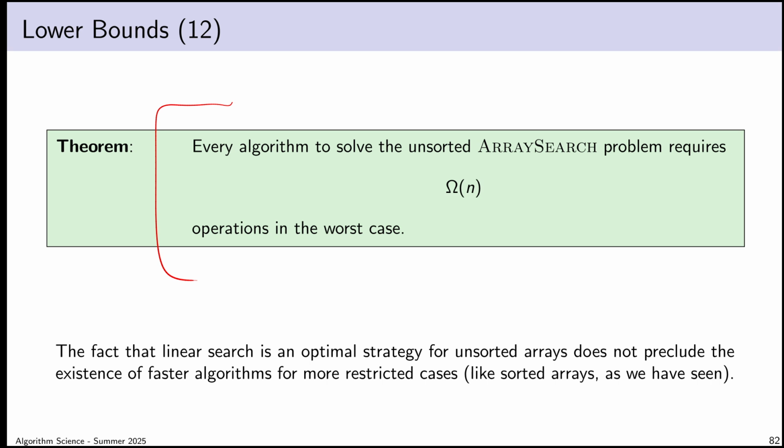Only algorithms on the unsorted array search problem require at least n operations. We've already seen the binary search algorithm requires log n operations on the problem that it solves, the sorted array searching problem. So there's no reason why we have to give up on looking for algorithms that are faster than linear time for searching, just that we can't assume that we're going to find one for the unsorted array search problem because we've proven that that is impossible.